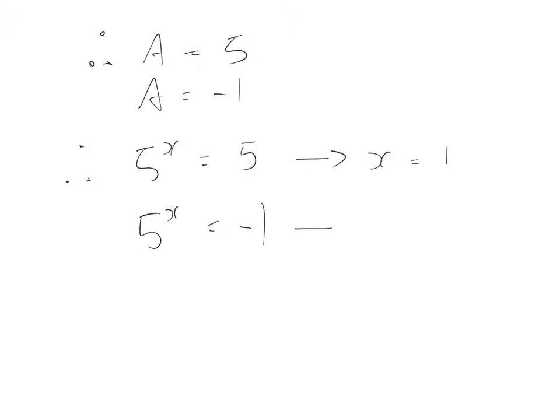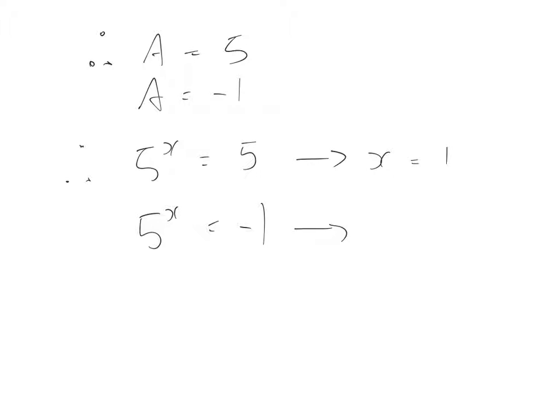What about this one? 5 to the power of x equals negative 1. What would I have to raise 5 to get negative 1? Let's just start off with negative numbers for a start.